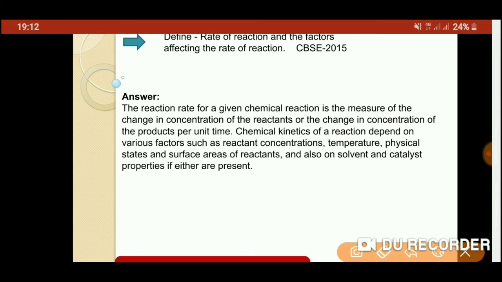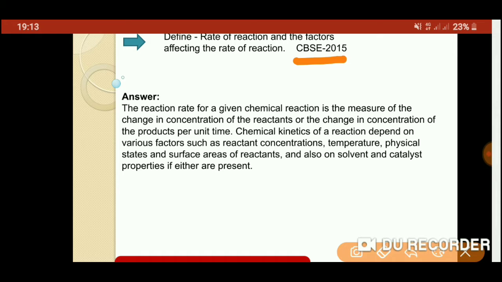I will talk firstly about the rate of reaction. You can see the answer and check the definition also. This question belongs to the CBSE 2015 exam paper.